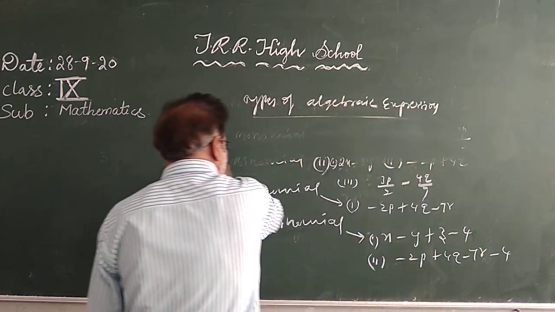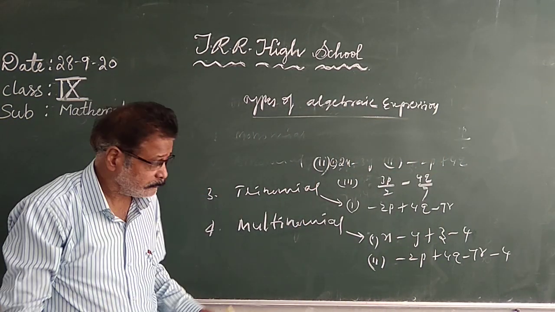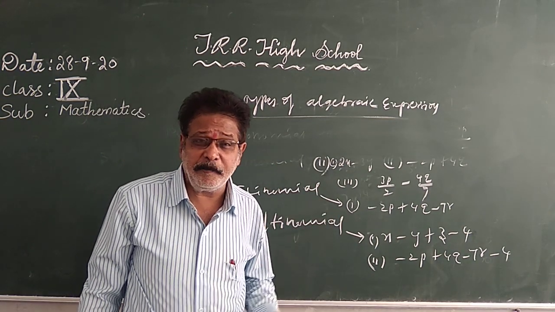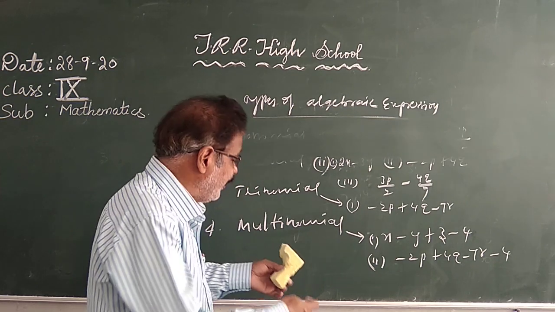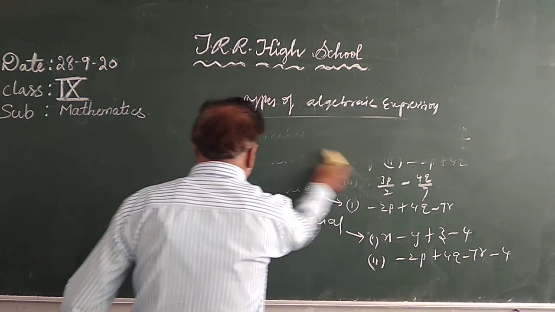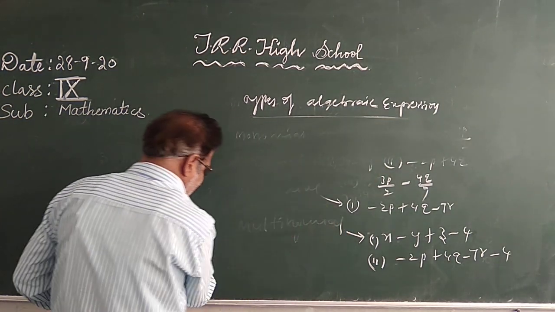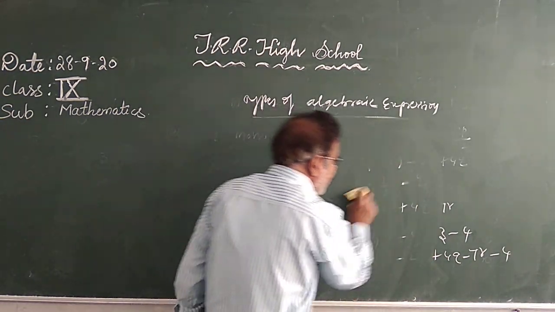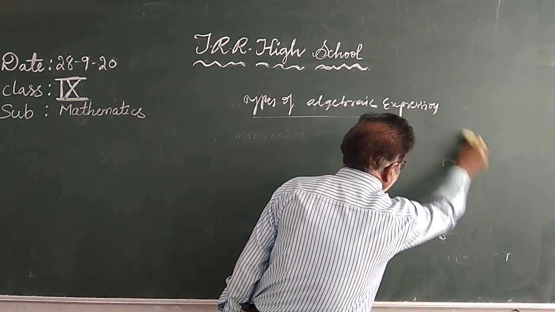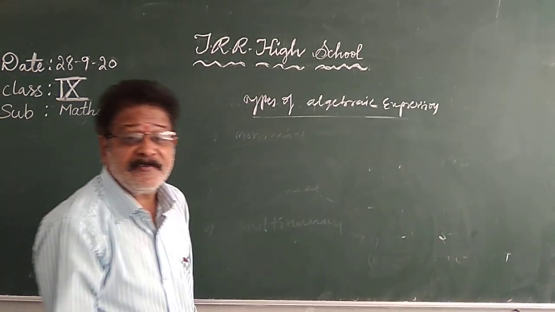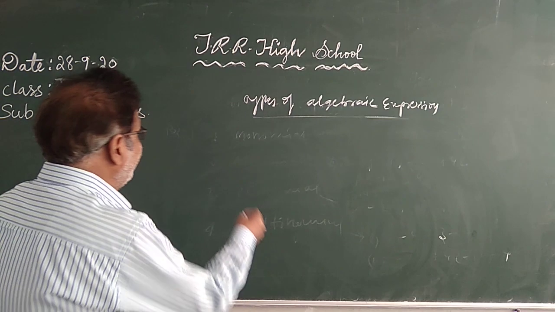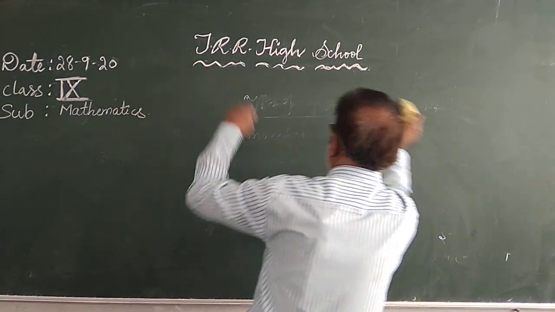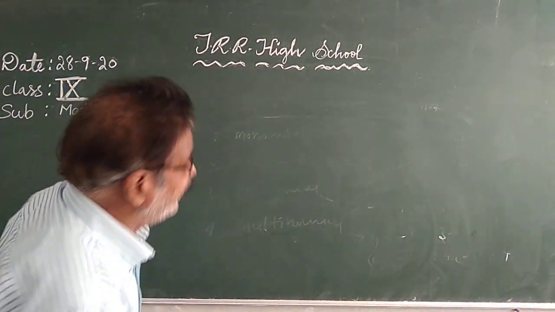What is polynomial? Every algebraic expression is not a polynomial. An algebraic expression in which the variables involved have only non-negative exponents is called a polynomial. Our second chapter is polynomials.